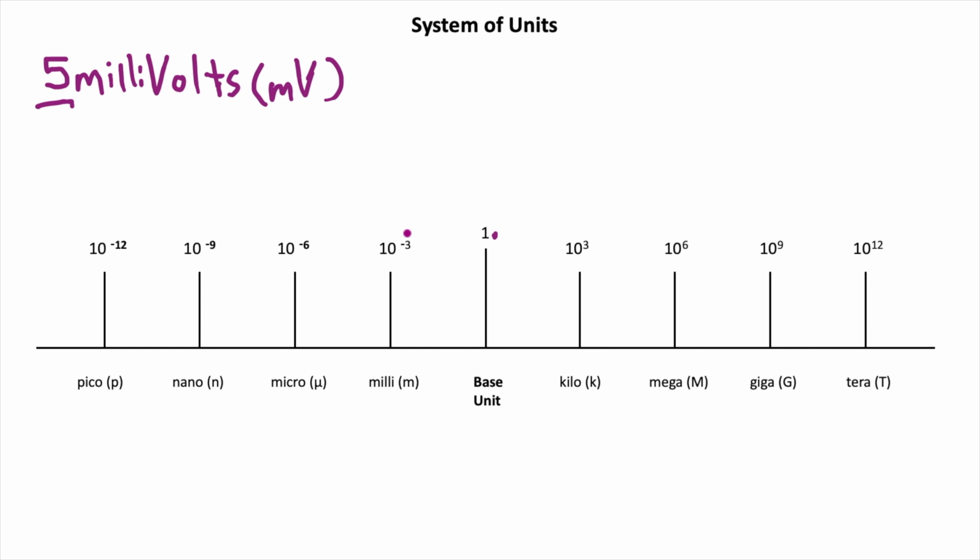So we can look down here at our table, and we're referring to milli. So we have milli right here, and we know that's 10 to the negative third, and we know that our significant value or our measurement is 5.